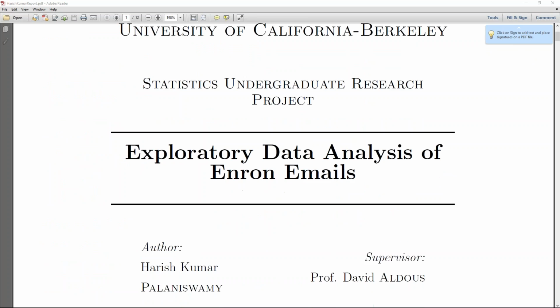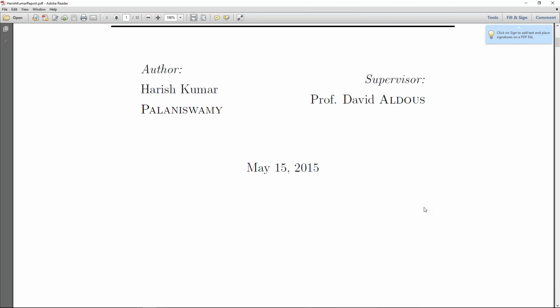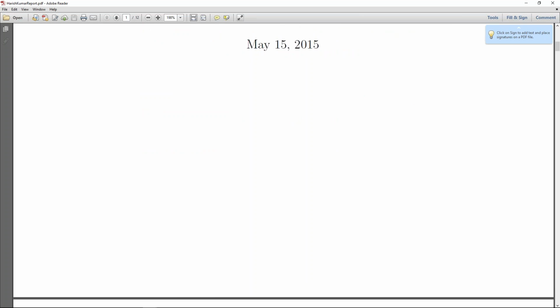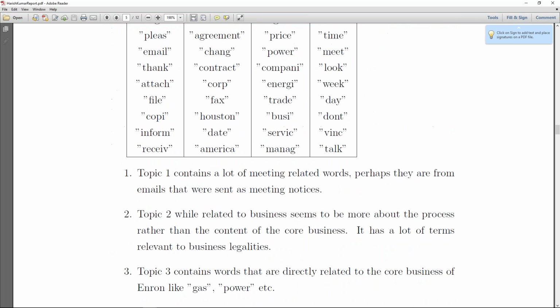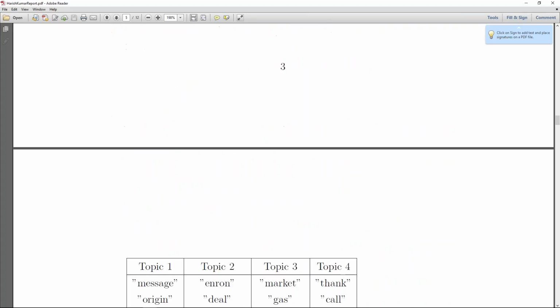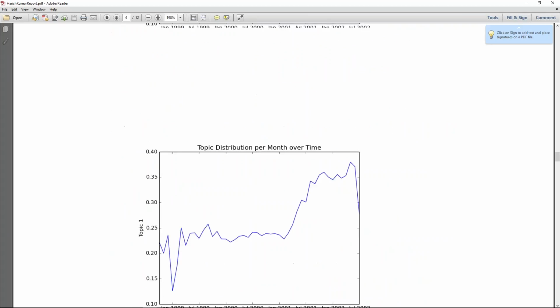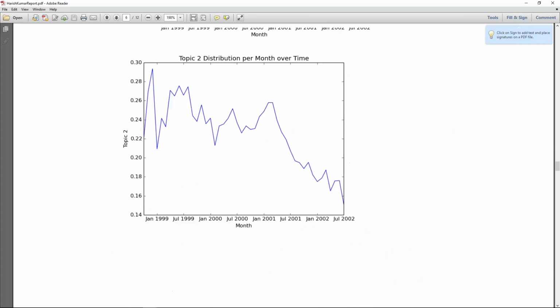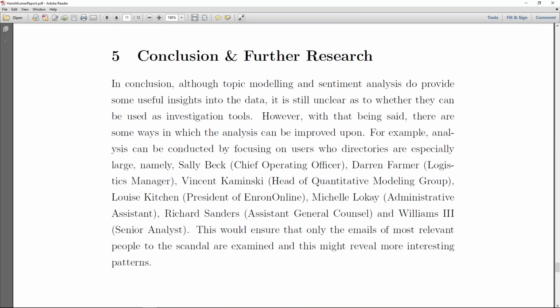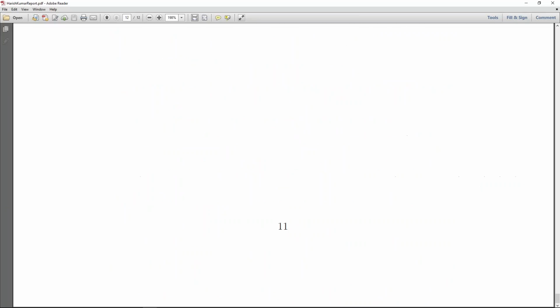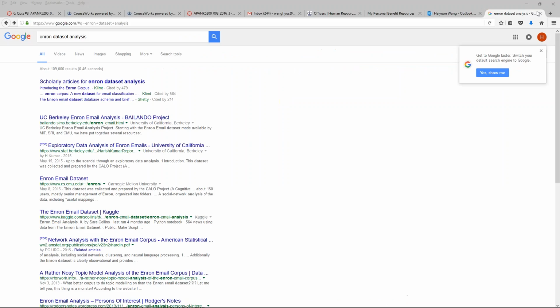Okay, it's an undergraduate research project, and let's see what they did with the Enron email data. They looked at the email, did some text mining, and got some topic modeling. It's more text mining apparently, so let's see if we can find something interesting. No, we don't have a social network related study.